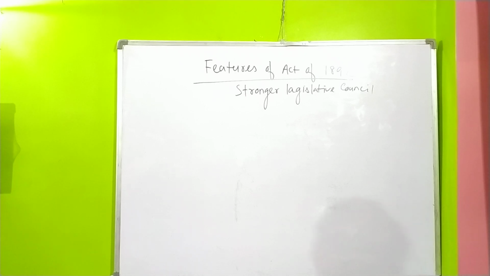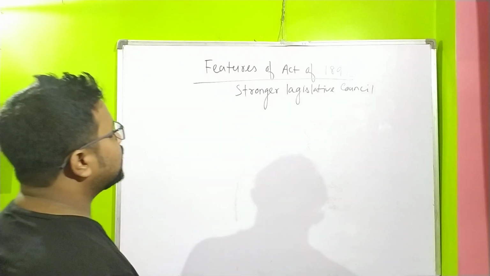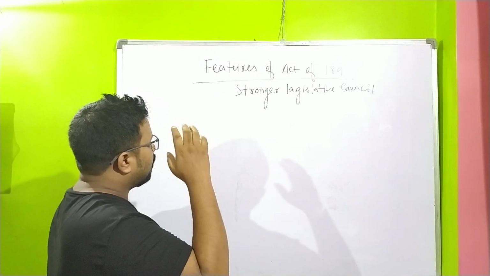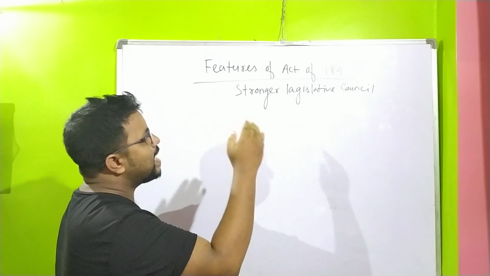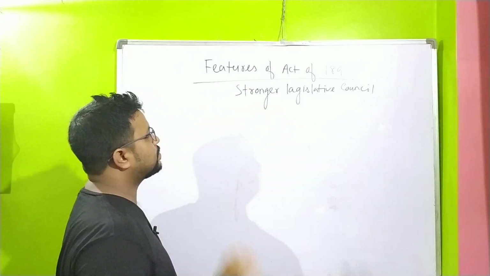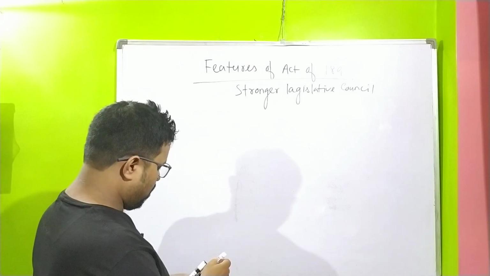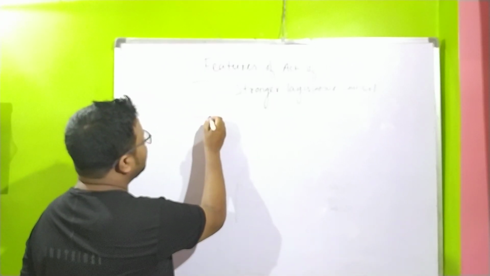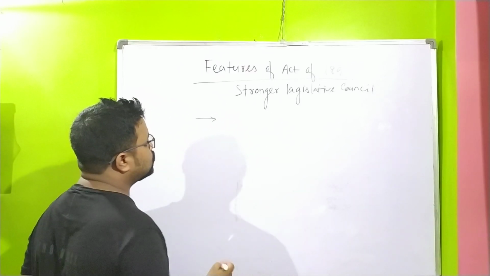Now, features of the Act of 1892. The main motive behind the Act of 1892 was to make the legislative council stronger. How? Earlier, nominated members did not have much power.